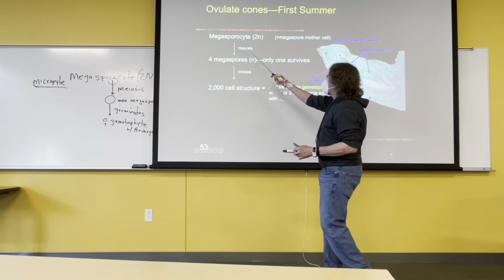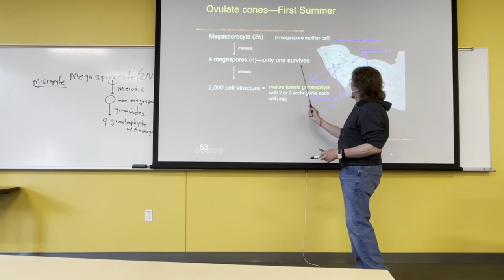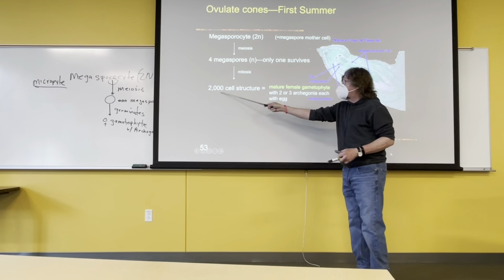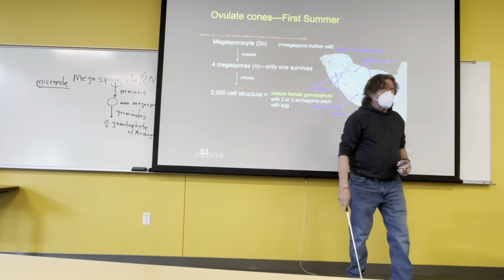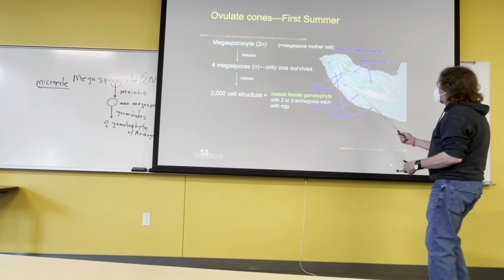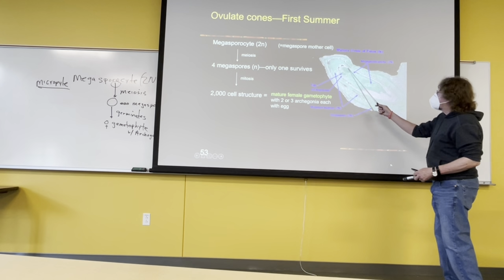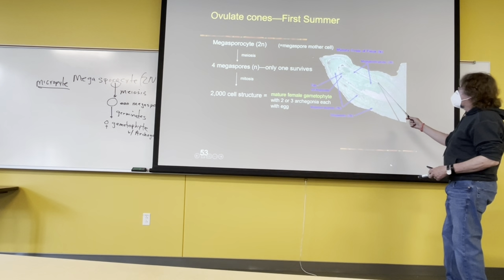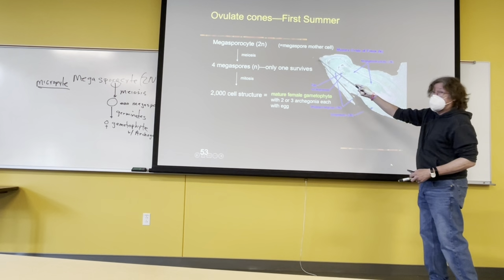We have the megasporocyte, meiosis, only one of those spores survives, mitosis, about 2,000 cells. Now, the female gametophyte is much larger than the male gametophyte. The male gametophyte is only about 4 to 6 cells, that's all. And it is still in the ovule, and so what we have here, this is the female gametophyte, right there, and the micropyle down here.